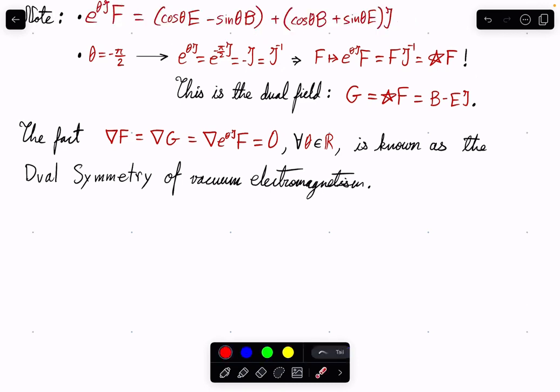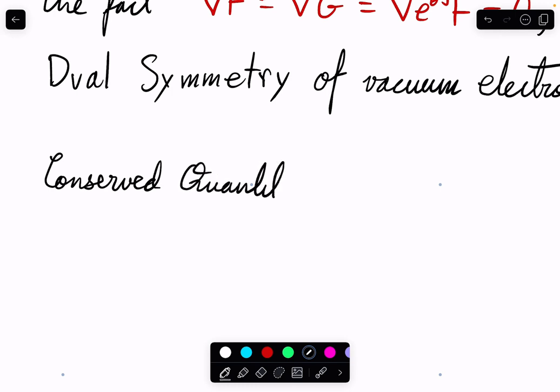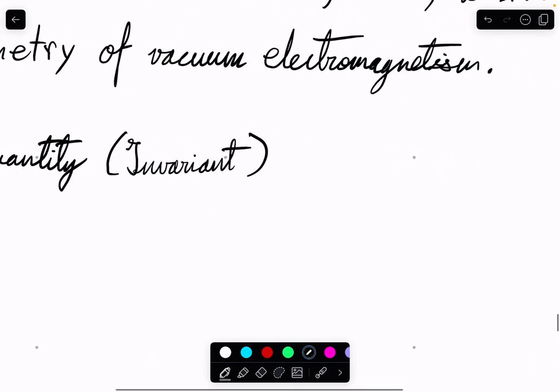And of course, for every symmetry, there's always some conserved quantity. In this case, this conserved quantity is more appropriately called an invariant. The invariant is the field complex conjugated with itself.